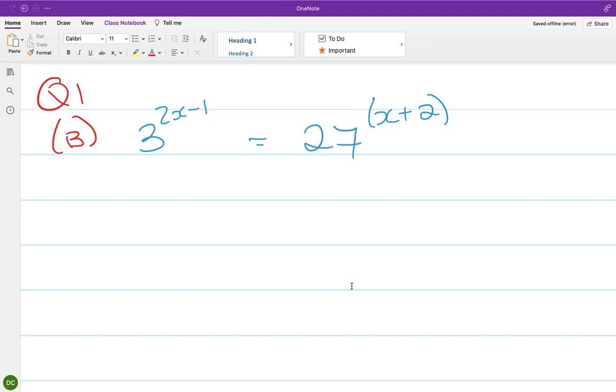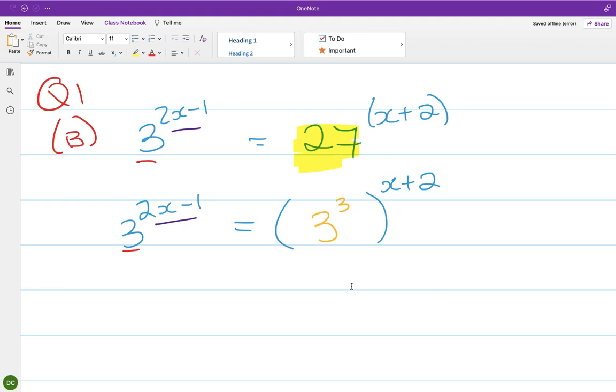Okay, so the first thing I'm going to do is break down the 27. So 3 to the 2x minus 1, and we change this into 3 cubed, and then we still have x plus 2 on the outside. Okay, so this remained the same.